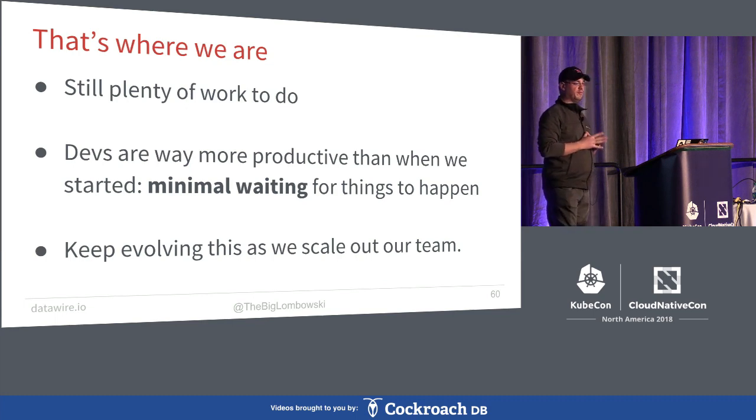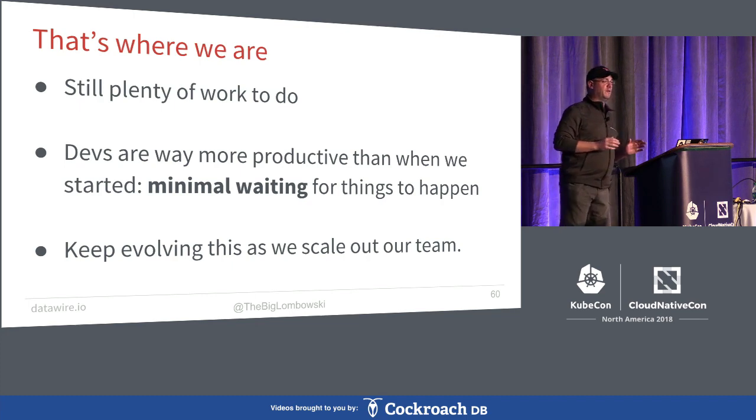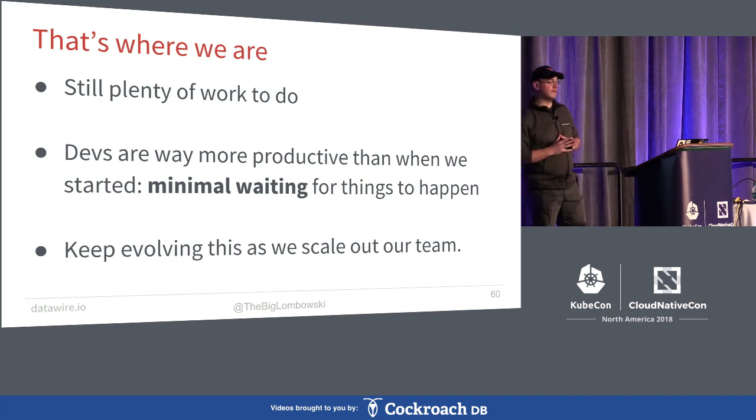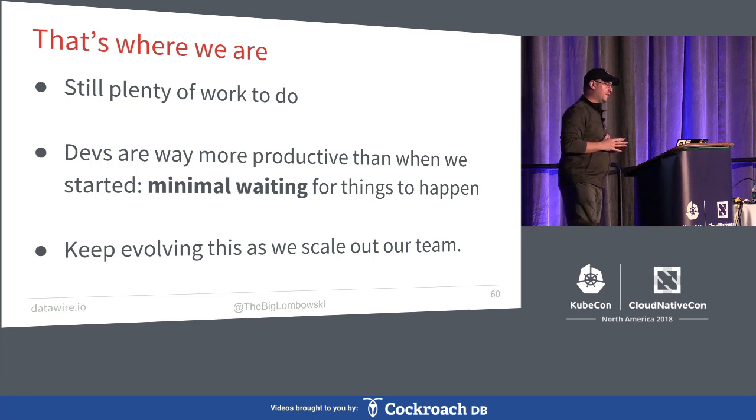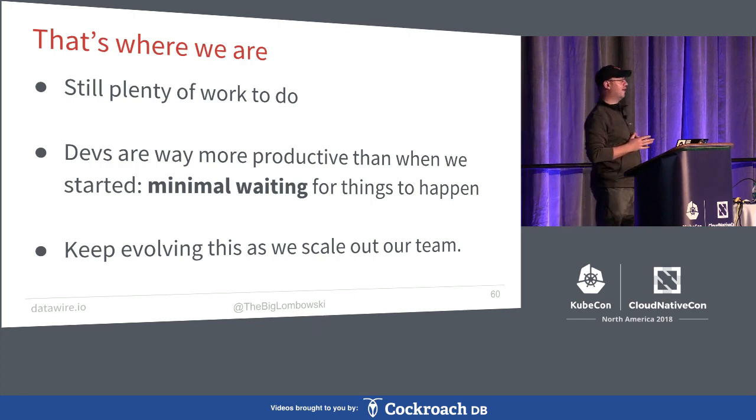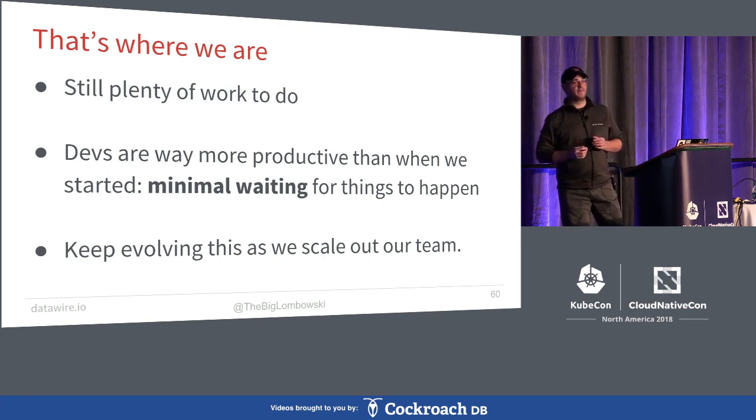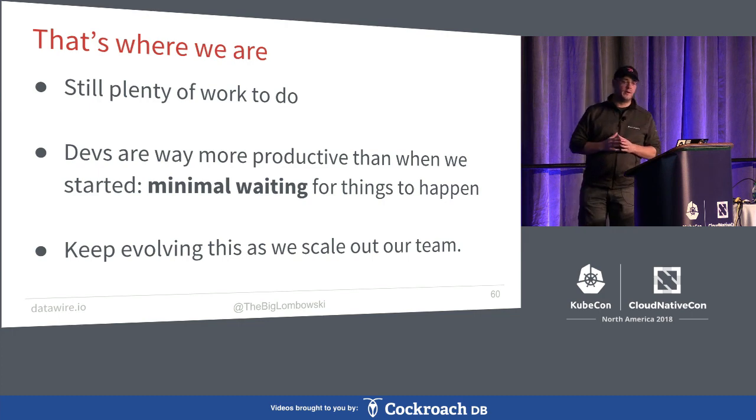There is still plenty of work for us to continue to do. Devs are way more productive than when we started. There's basically minimal waiting for them left in this workflow. Most of the issues we have now are around UX and making things more pleasant, easier to debug when they fail, making it easier so they have fewer commands to think about.